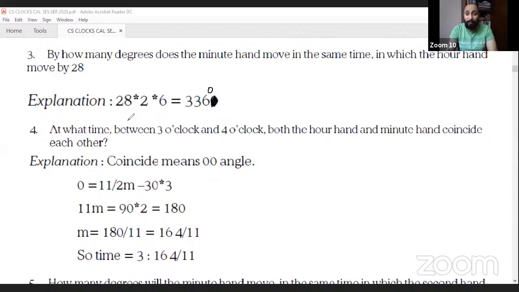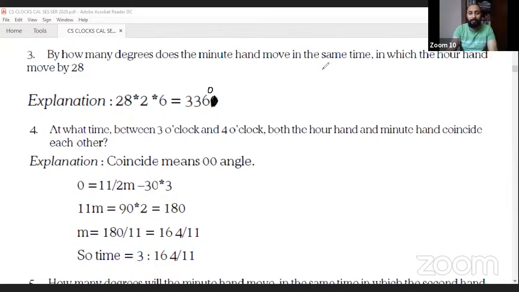Are you getting it, people? Are you getting it? Sure. Why I'm talking about the degree like this is it is just a simple concept of how many times it moves. It is a very simple thing, people.